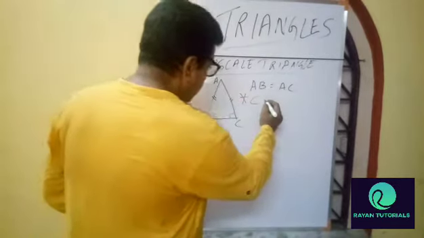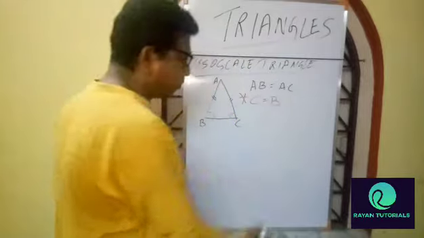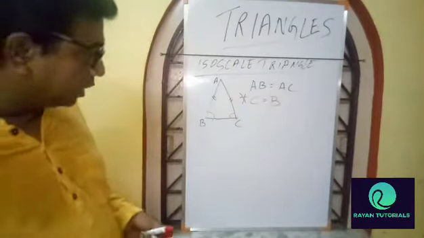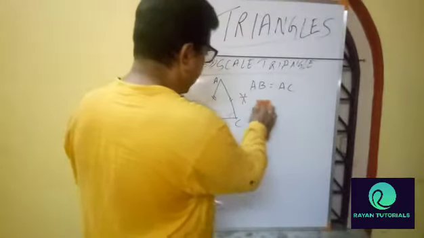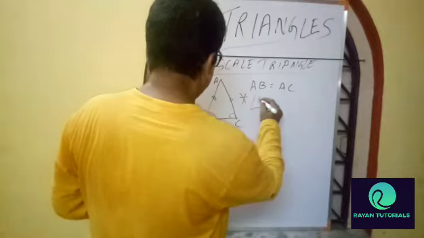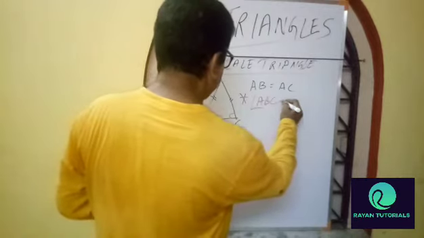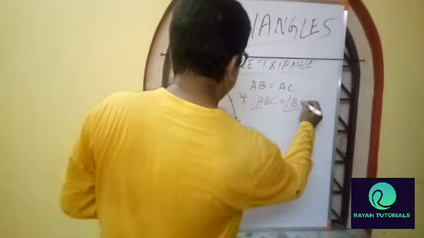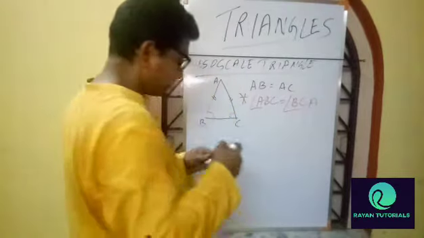B. Actually, I should write the angles like this: angle ABC will be equal to angle BCA.